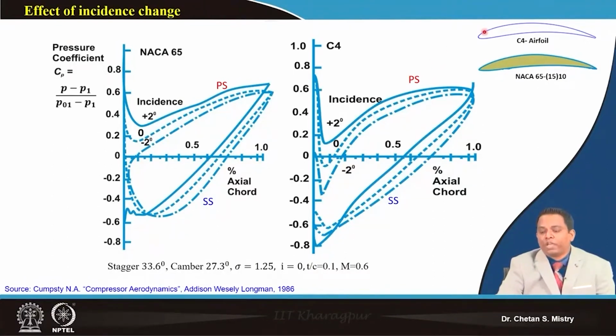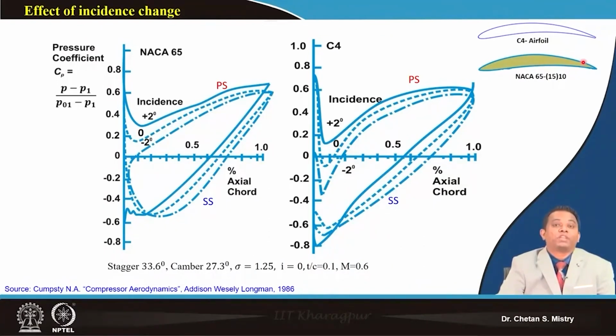Now, not only the leading edge is important, the trailing edge is also equally important. Here, the trailing edge of the C4 aerofoil has a certain amount of radius. If we compare with NACA 65, that has a sharp edge.